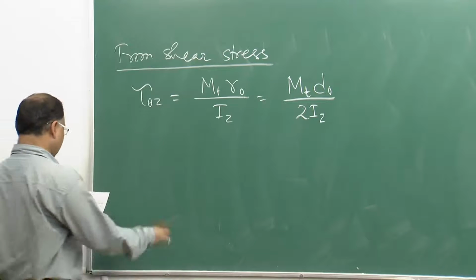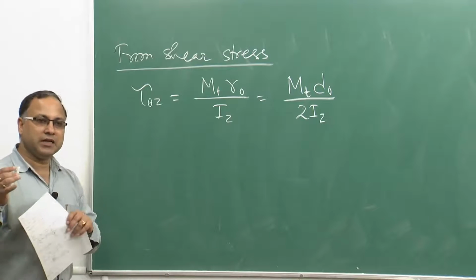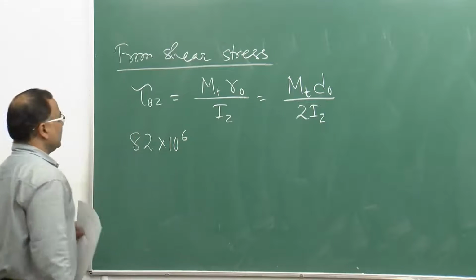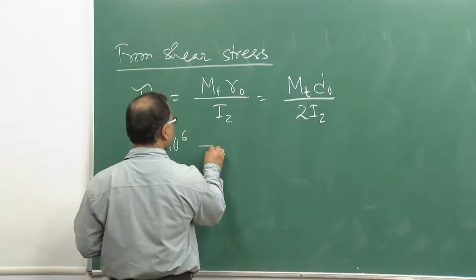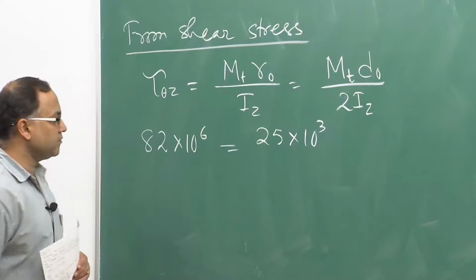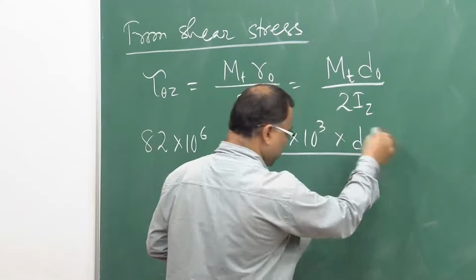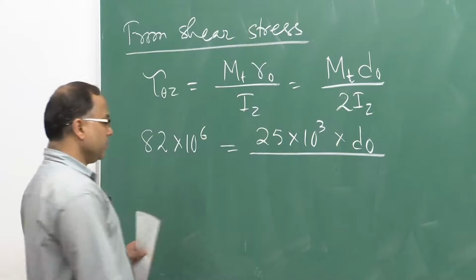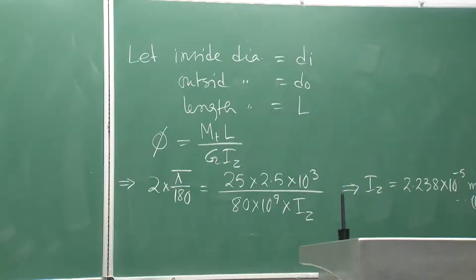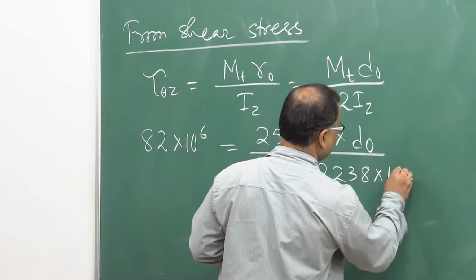Here your upper limit of shear stress developed in the shaft is 82 into 10 to the power 6 Newton per meter square, equal to 25 into 10 to the power 3 Newton meter, that is the torque MT, times DO, which is not known to you, divided by 2 into Iz, now known from equation 1, 2.238 into 10 to the power minus 5.